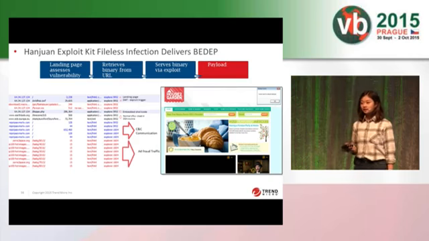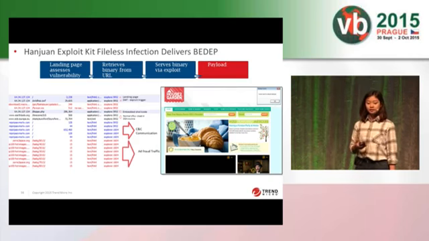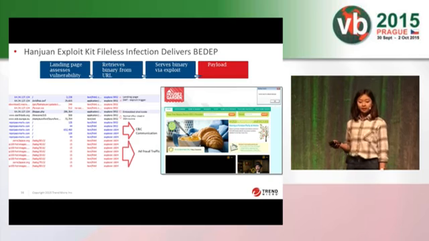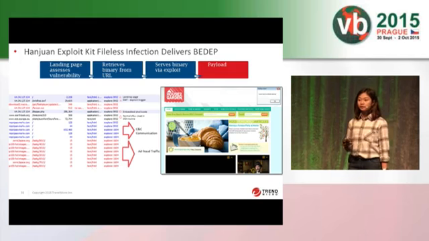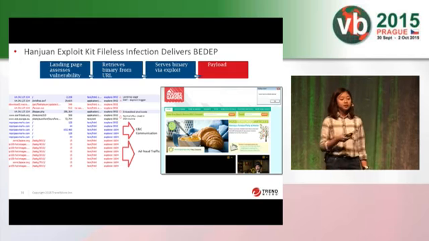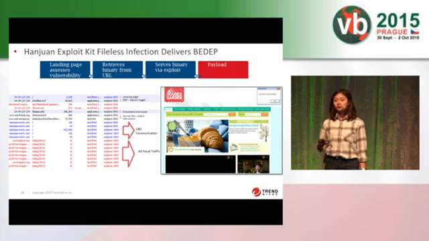It also has the landing page, but in this case, it's triggered by an SWF exploit. It would also download the payload from another URL, as you can see. And this would be directly injected into Explorer. You can see that Explorer.exe would be communicating with the CnC as well as the ad fraud servers. And it would be delivering Pceb, through this Hanjuan exploit kit. Pceb is known to display ad frauds in a hidden desktop.